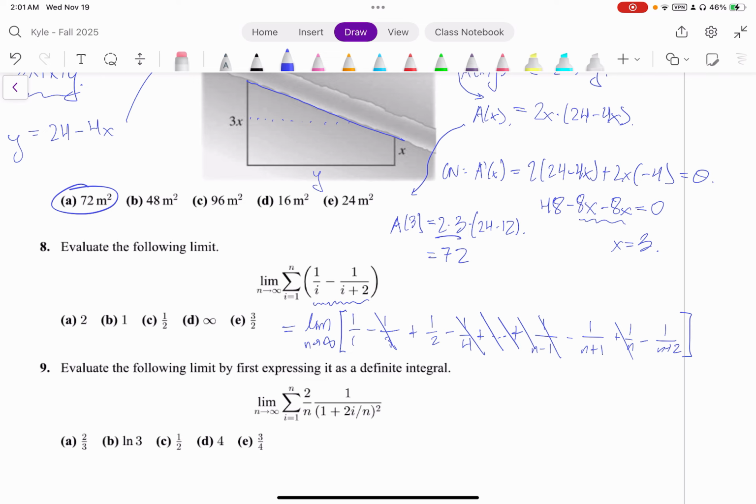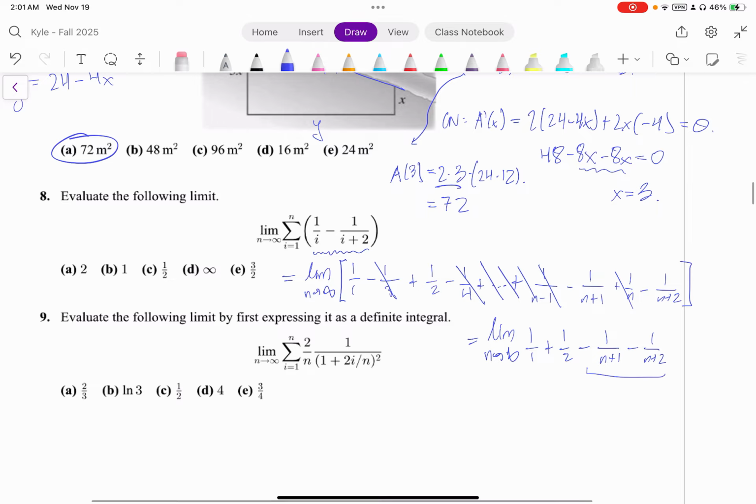So those are both going to go away because, well, let's just show this really quick. So we have limit as n goes to infinity of 1 over 1 plus 1 over 2 minus 1 over n plus 1 minus 1 over n plus 2. As n goes to infinity, these both go to 1 over infinity, which is 0. So 1 plus 1/2 plus 0, which is 3/2.